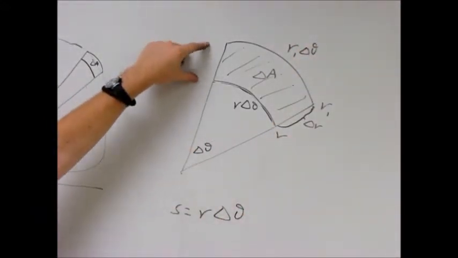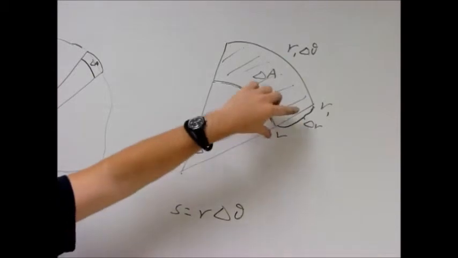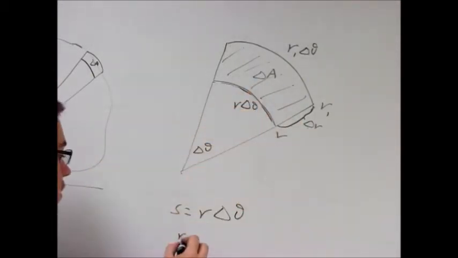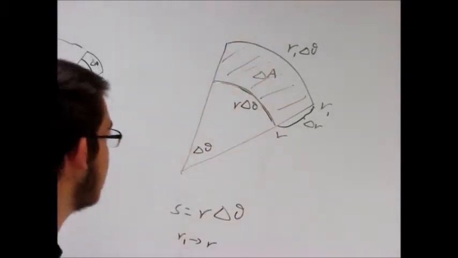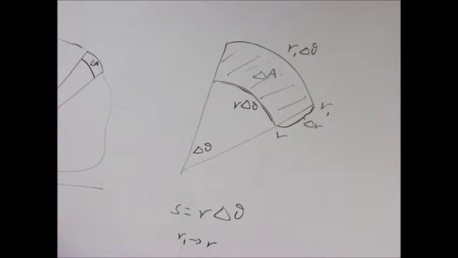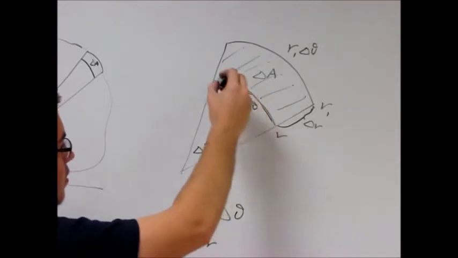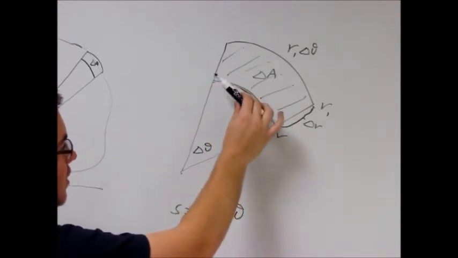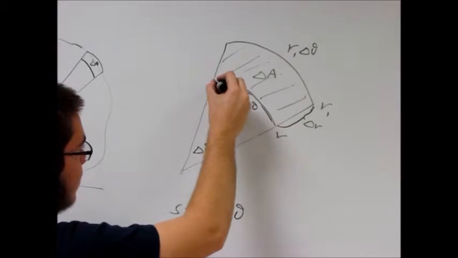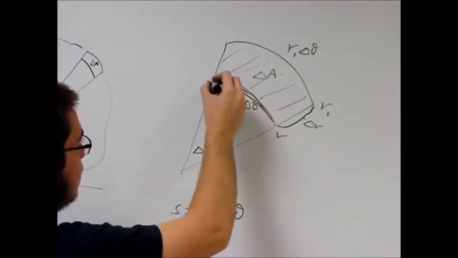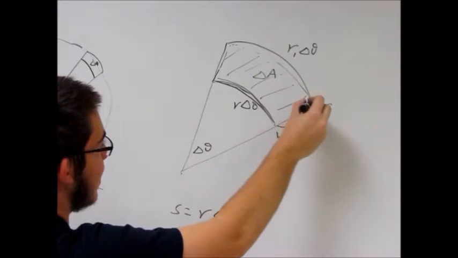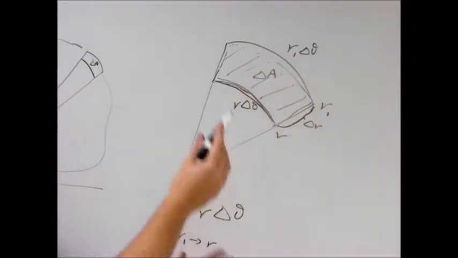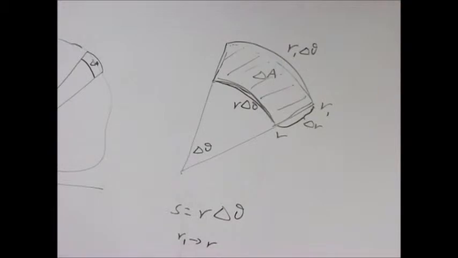But as these get smaller and smaller, r1 will approach r, so these lengths become approximately equal. And as we get a smaller angle, the curvature gets smaller and smaller, closer to an approximately straight line. The other side will be approximately the same length, so it'll be almost like a rectangle.